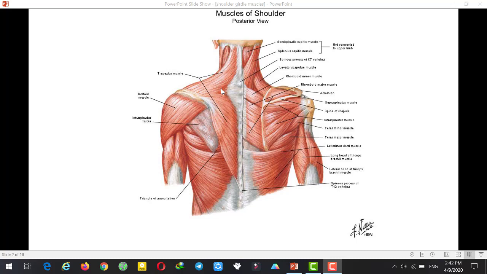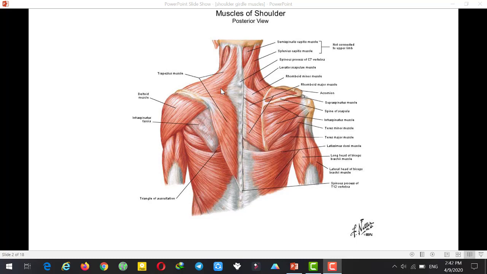Upper and lower fibers act with the serratus anterior and rotate the scapula forward around the chest wall, thus playing an important role in abduction of the arm beyond 90 degrees. Another action is that it steadies the scapula.